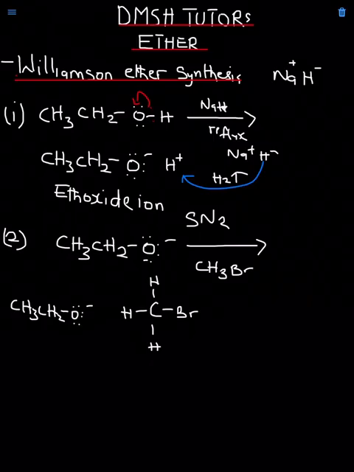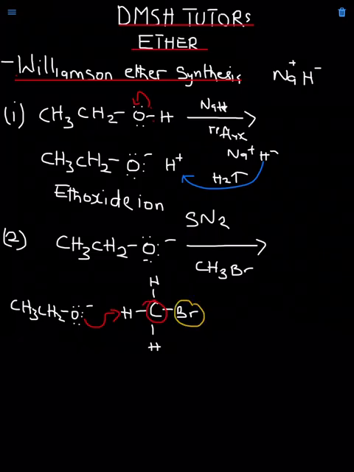This carbon here is a methyl carbon. So the nucleophile will attack from the back, and this bromine will become a leaving group. It will leave as bromide.